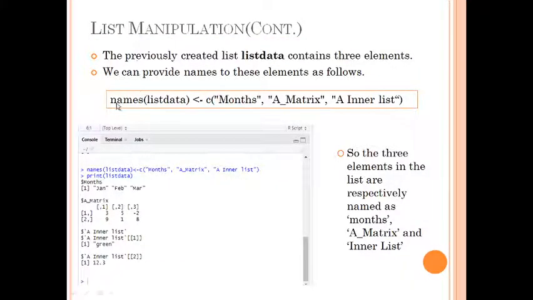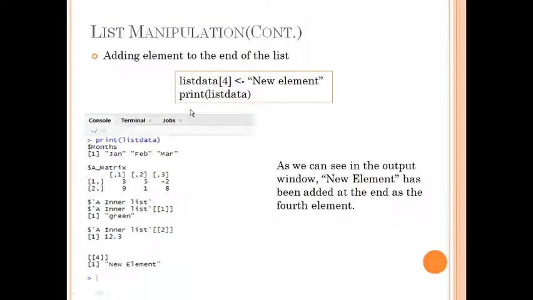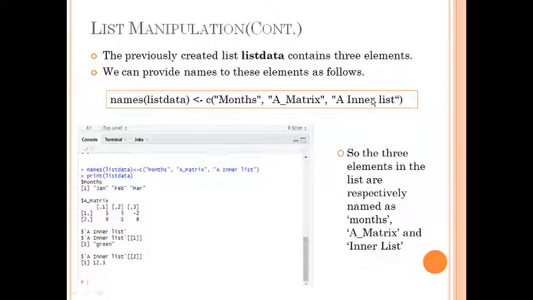Now there exists a function known as names, which we can use to give a name to the individual elements of an already created list. Now we just have created a list, list data, which had 3 elements in it. The first element was a vector with the name of months, the second element was a matrix, and the third element was a list.